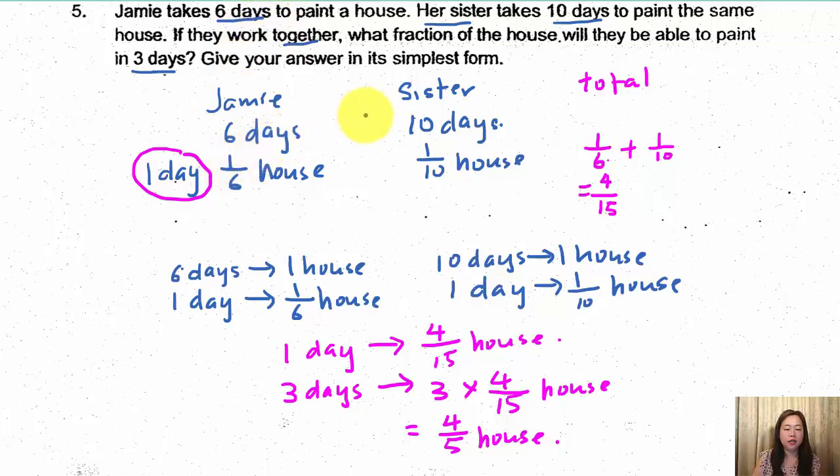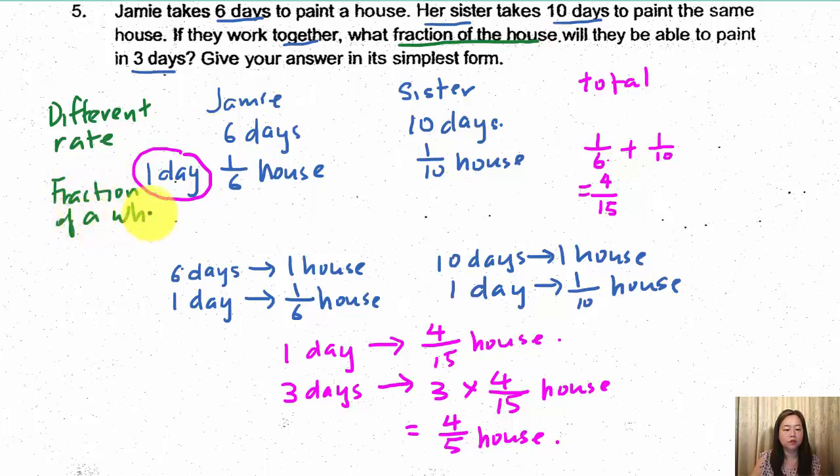The concept tested is different rate and also fraction of a whole. Do remember to reduce your answers to the simplest form.